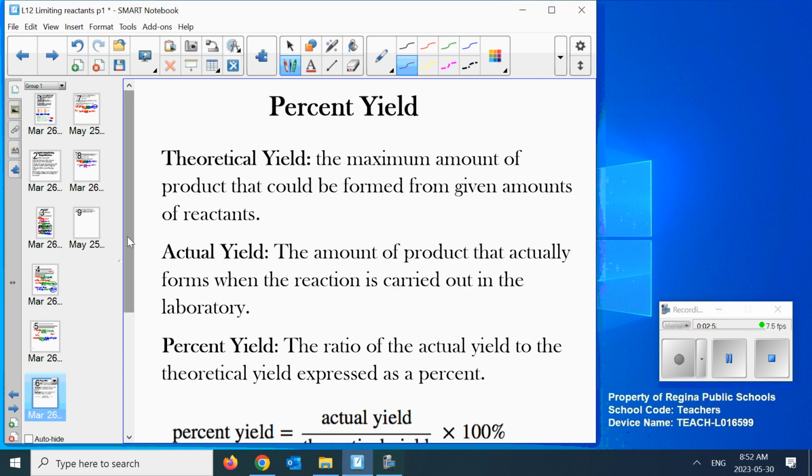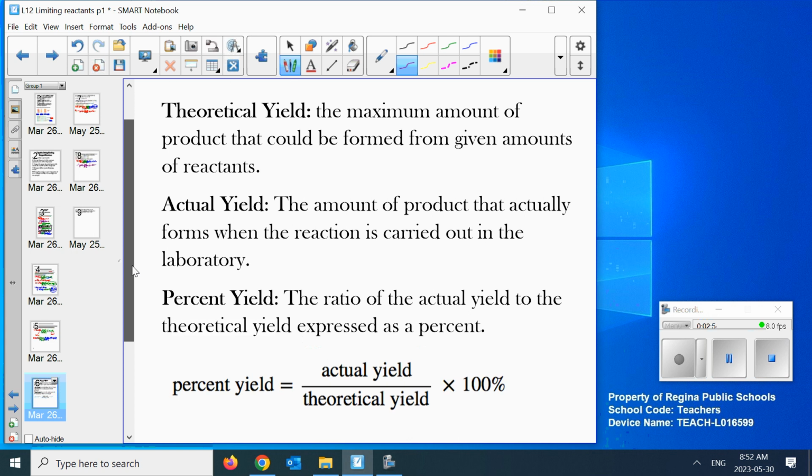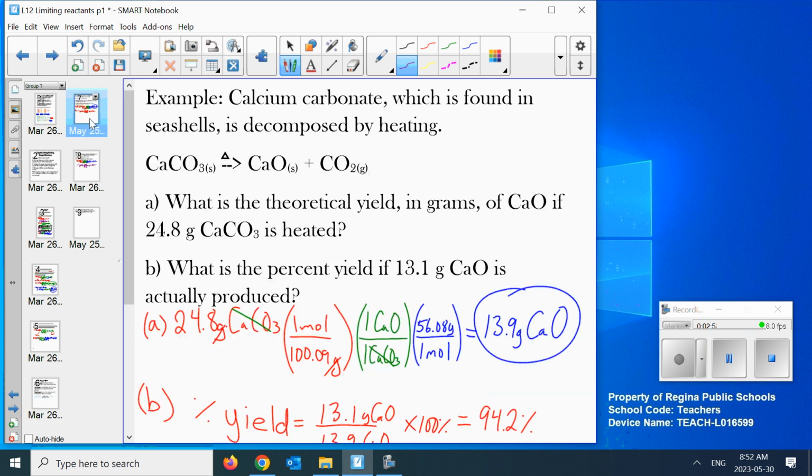We talked about percent yields. You can pause the video and read these if you need. We did this example with calcium carbonate. We found the theoretical yield of calcium oxide, as asked, using the grams of calcium carbonate.